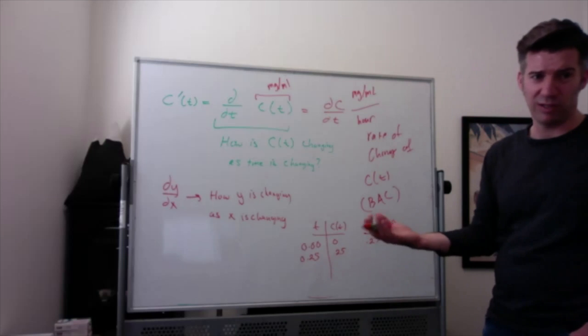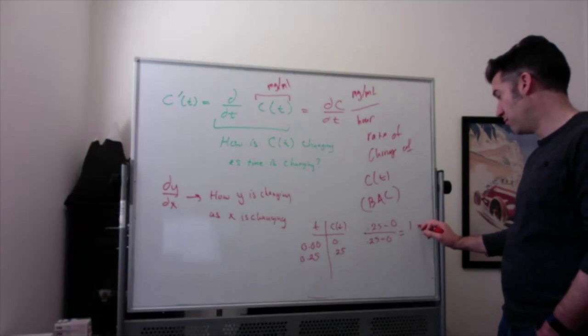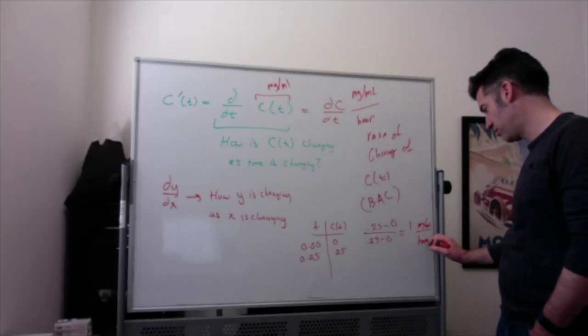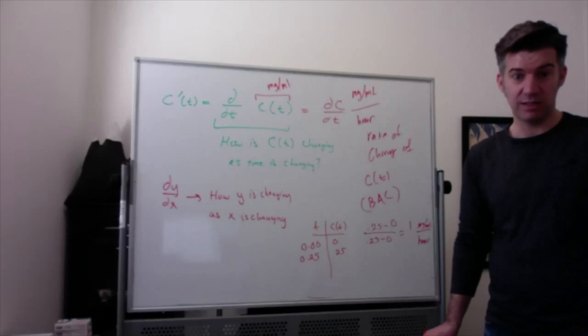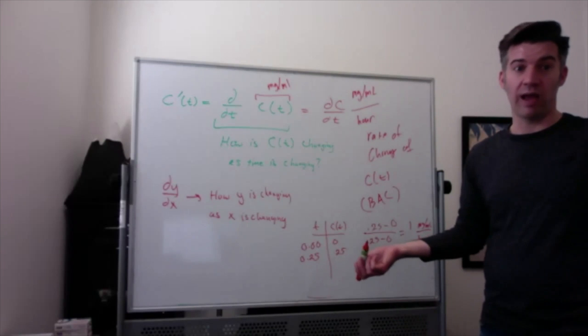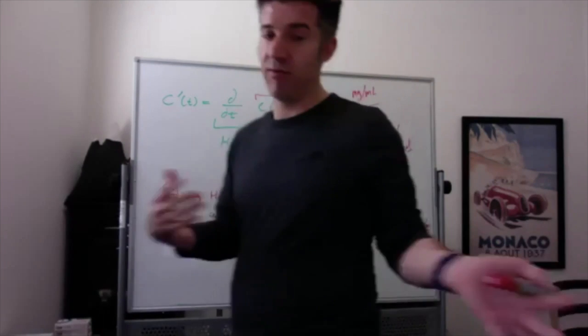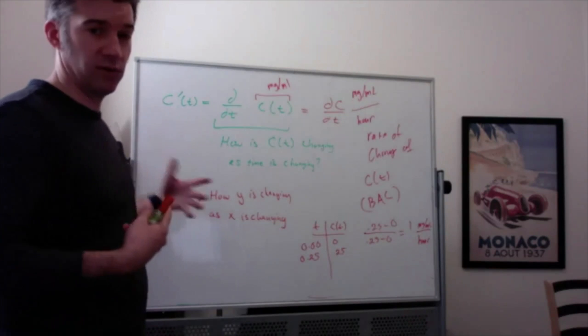Maybe that's why they made it 0.2, I don't know. That's 1 milligram per milliliter per hour. That's what happened in the first 15 minutes. It's the difference between the average rate of change and the instantaneous rate of change: they're asking you to compute average rates of change in this problem.